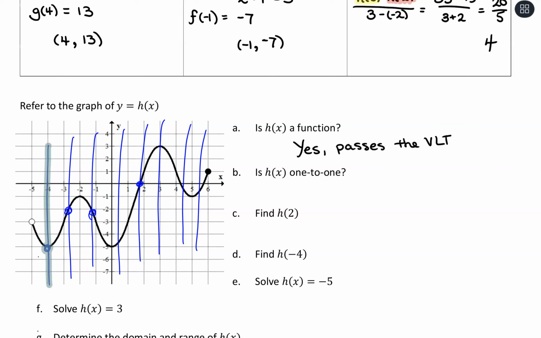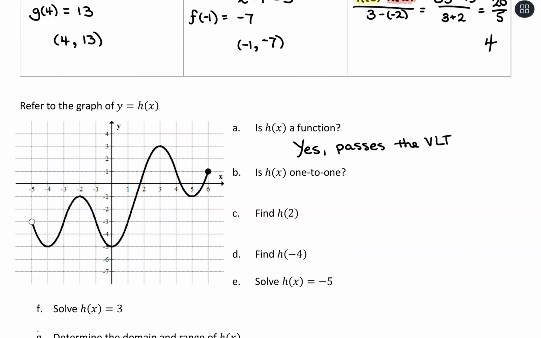Now for one-to-one, what we're looking for is if it's possible to have the same y value for two different x values, which is fine for a function, but not okay for a one-to-one function. So with this, we do the horizontal line test. And what should happen is if it's one-to-one, we should be crossing at most once, but we can see some spots here where we're crossing more than once.